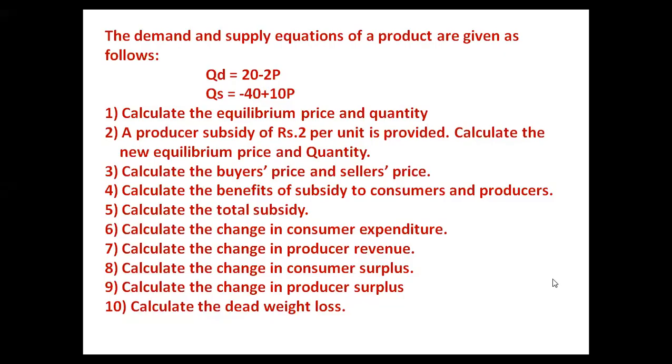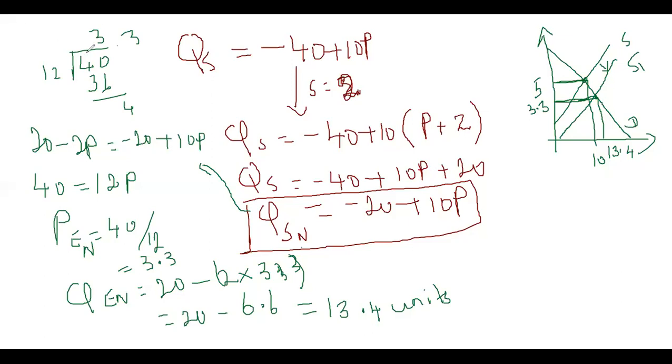Then let's come to the next part of the same question. The next part says to calculate the buyer's price and seller's price. When you discuss buyer's price and seller's price, remember always the price paid by the buyers will be the new market price. Therefore, buyer's price PB is always the new equilibrium price.